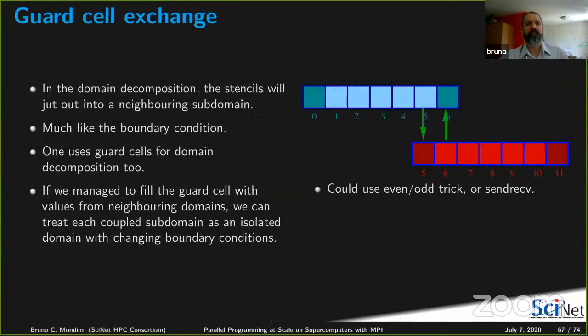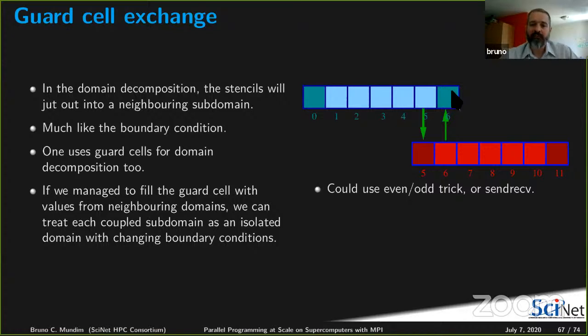Okay. How do we use the guard cells to do this kind of exchange? So basically, you divide the domain, so from 1 to 5, and from 6 to 10, okay? And now you want to do a communication between them. You basically add the 2 guard cells as you would to do the computation in one domain only.